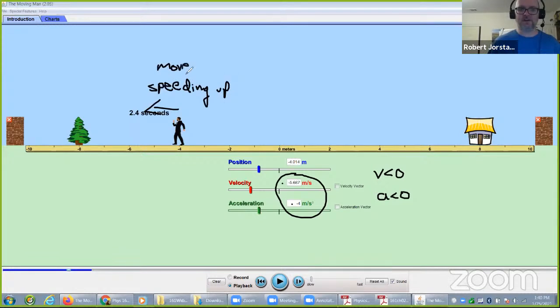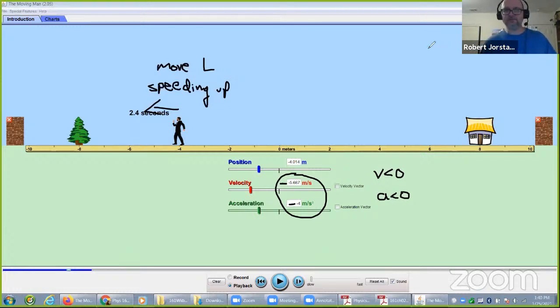Moving corresponds to velocity. Left corresponds to the negative sign right there. And then speeding up corresponds to the fact that these are both negative. So you're speeding up whenever they're both negative. You're speeding up whenever they're both positive. You're slowing down when one is positive and one is negative.